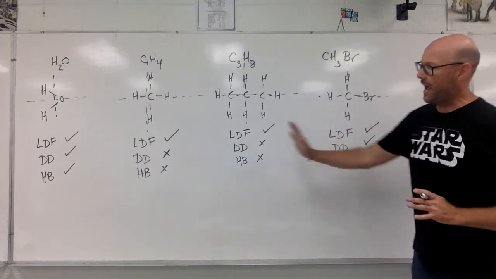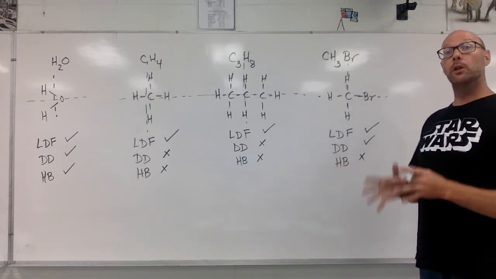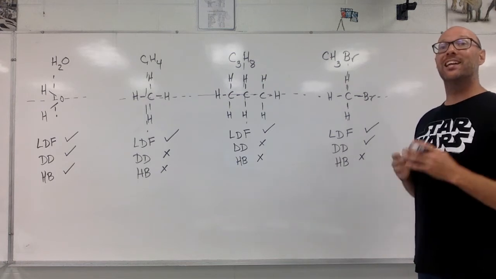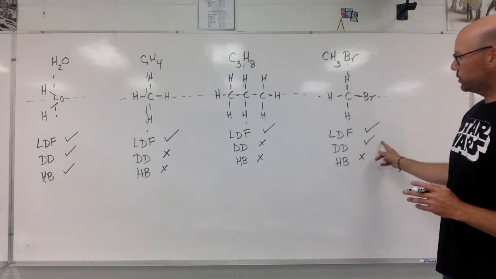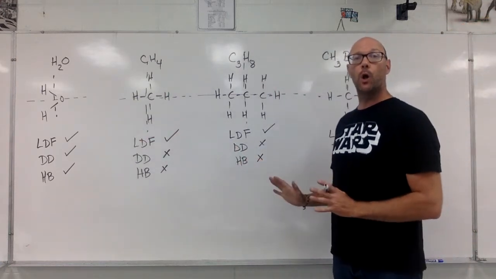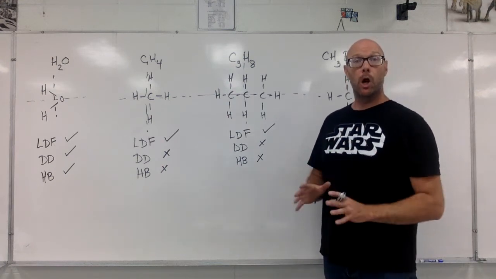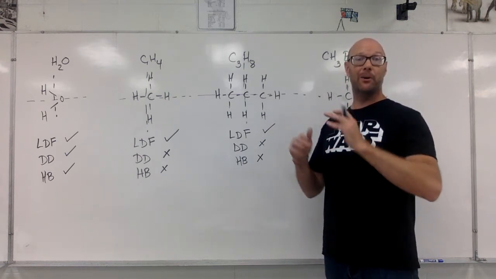Now, after we've analyzed all of that, we're going to put these in order. We're going to rank them from lowest to highest. The lowest are going to be the ones with the least check marks, and then we're going to go up and up and up. This one has one check mark, 3. Oh, we have a tie for lowest. But in a tie, the larger molecule is going to have the higher melting point or the higher boiling point.